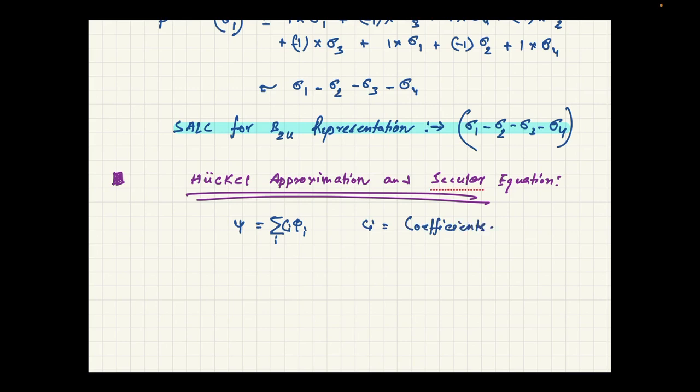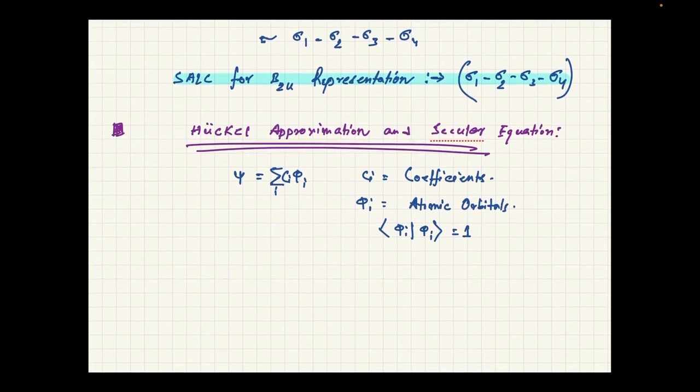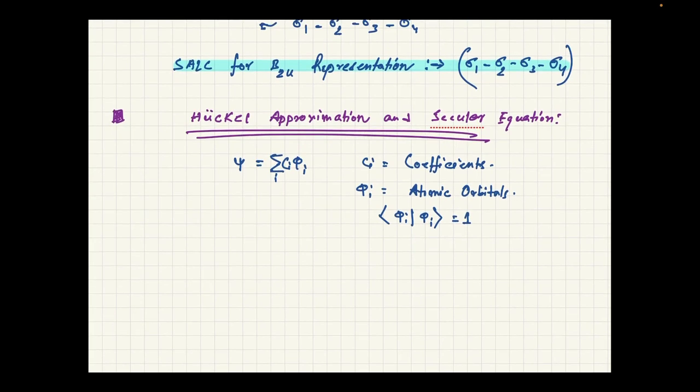and phi i is the atomic orbital. So the phi i are normalized. Now this psi is the molecular orbital.